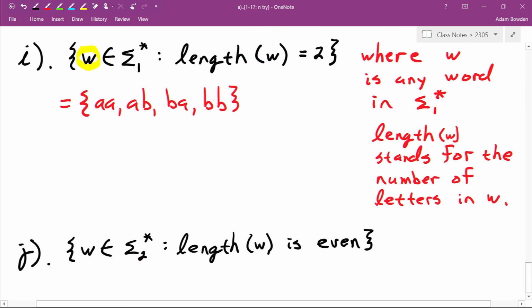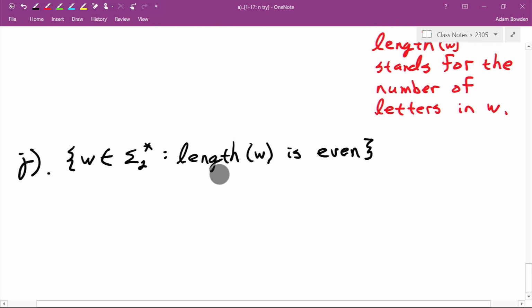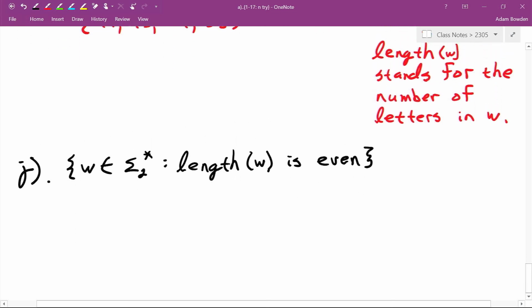Okay, so let's look at another example here using sigma 2 star, so we're going to use the other alphabet. What this set is going to say is the set of words in sigma 2 star such that the length of the word is even. Recall that sigma 2 is equal to the alphabet containing A capital B as a single letter and b.